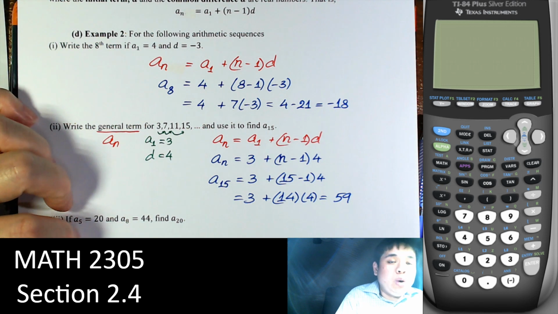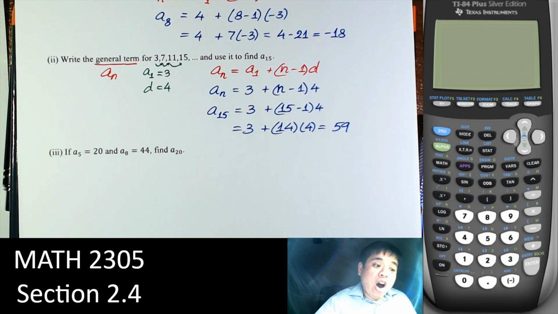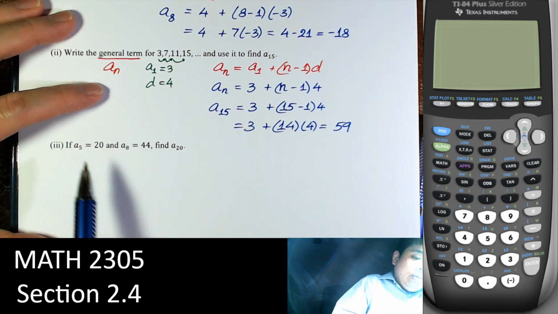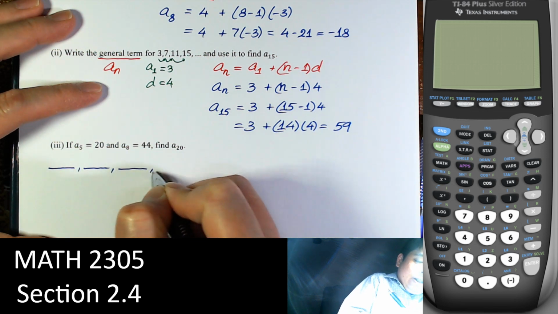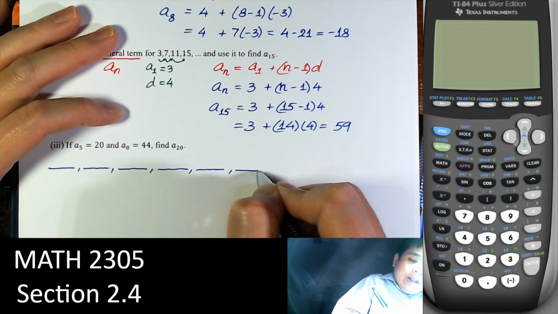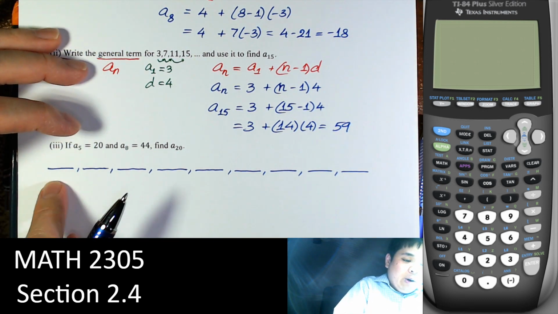Right? So knowing the first term and how to get from the first to the next gives us the rest of the sequence. Alright, the next one, we are not given the first term. We don't know the common difference either. So what can we do here? Well, in that case, let's say we have the slots, 1, 2, 3, 4, 5.